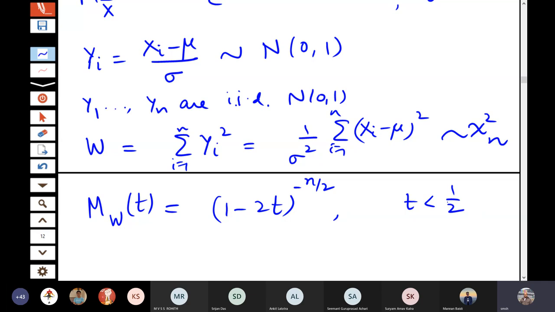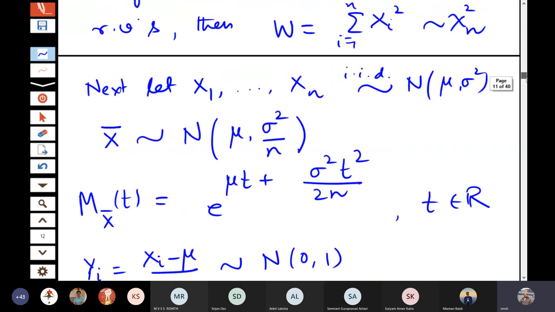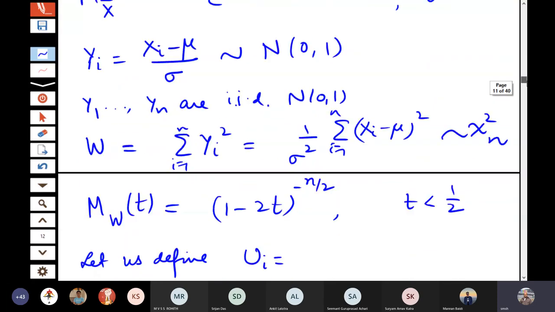Now let me take another change here. Let us just have different names here. I have used x bar here, and then I have used yi's here, that is xi minus mu by sigma.